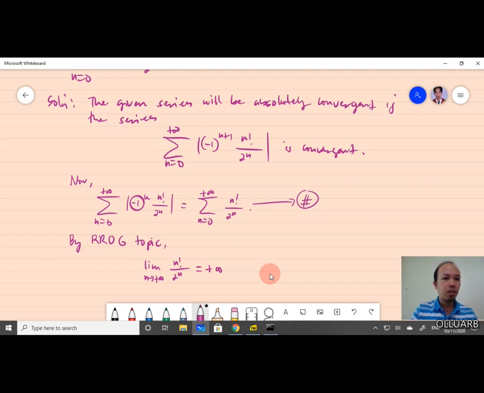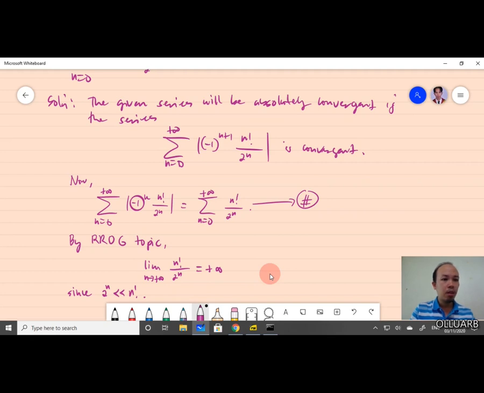The reason is that n factorial is much faster than 2 to the n, since 2 to the n is slower than n factorial. So this is our previous topic.